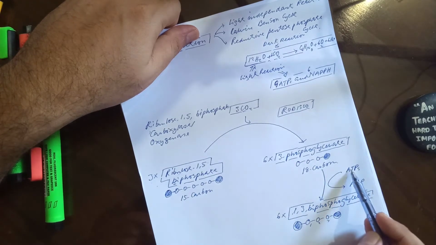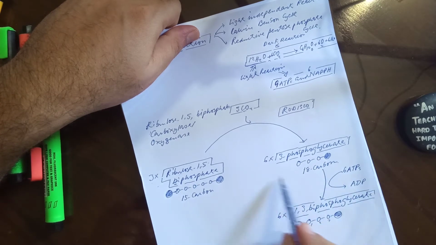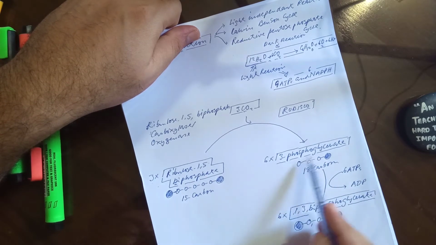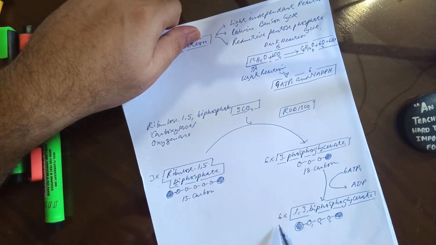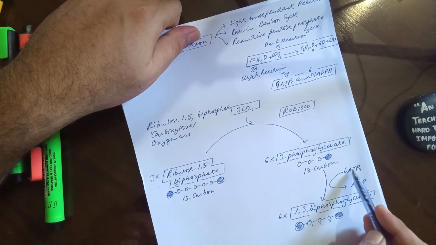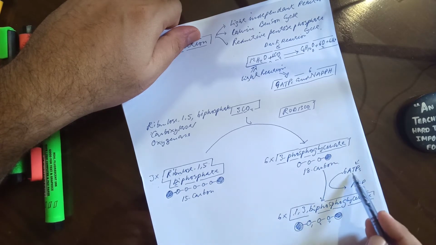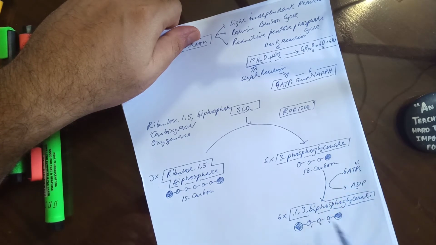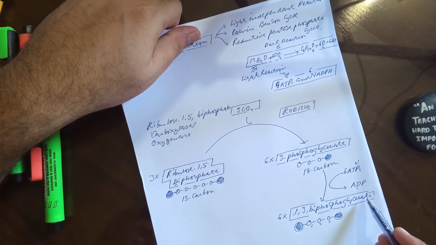So 6 ATPs went into the reaction, reacting with the 3-phosphoglycerate. When they react together, they make 6 of these. What has happened is the phosphate group has moved: this was adenosine triphosphate, now adenosine diphosphate, and we have left 1 phosphate group on the first carbon of the sugar. So we have 1,3-bisphosphoglyceric acid. I hope I'm making sense.